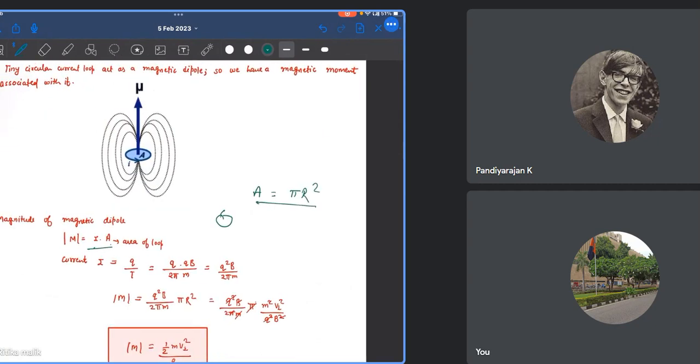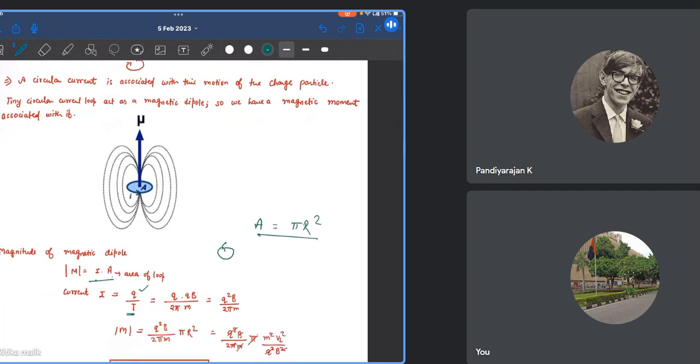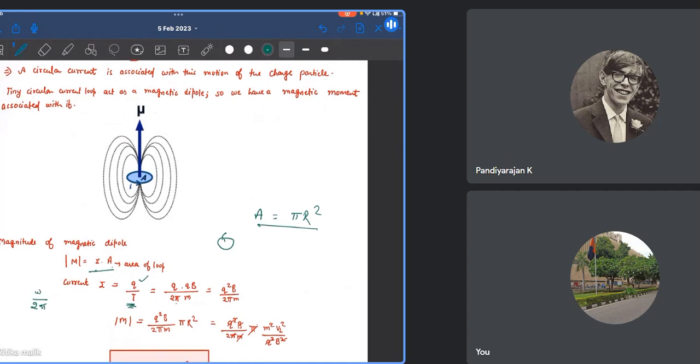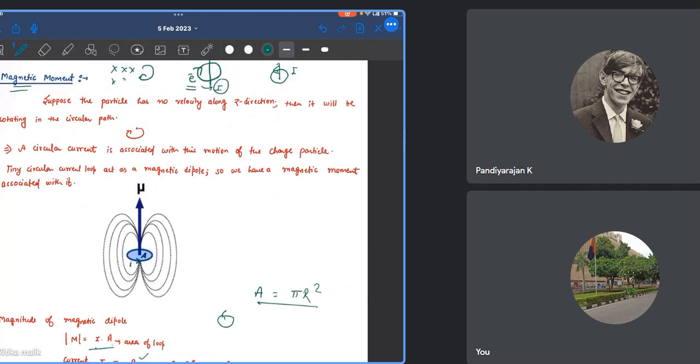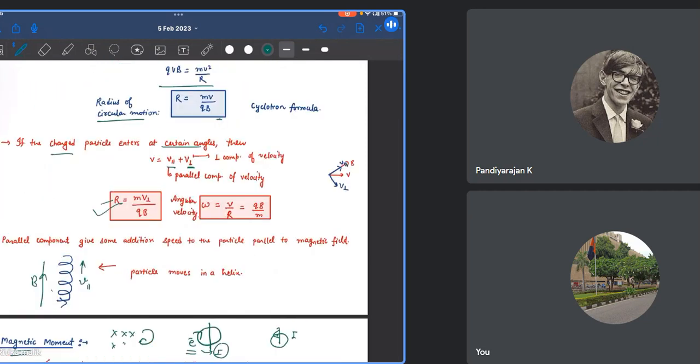I is given by charge per unit time. The charge is the charge of the particle which is moving, and the time can be written as 2 pi by omega. Angular velocity is given by v by r, and the time is 2 pi by omega.